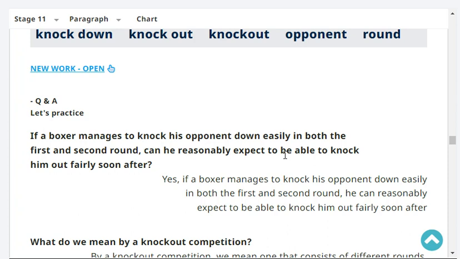Yes, if a boxer manages to knock his opponent down easily in both the first and second round, he can reasonably expect to be able to knock him out fairly soon after. Very good.